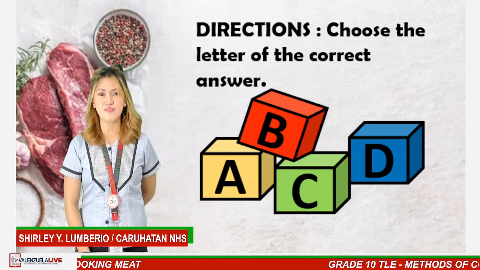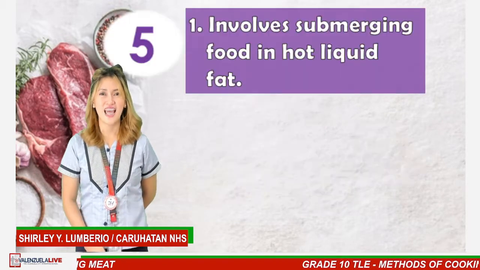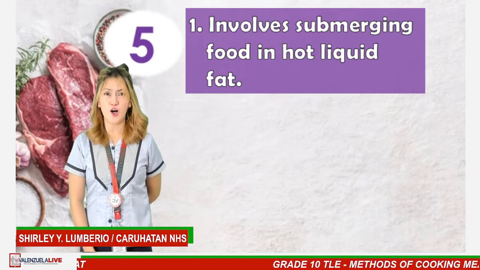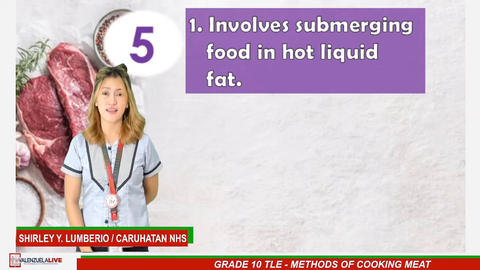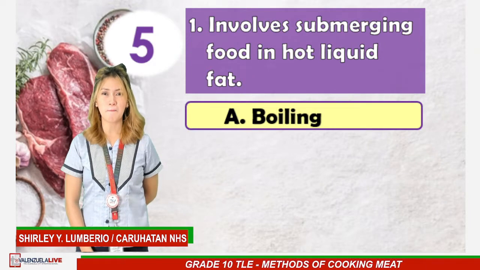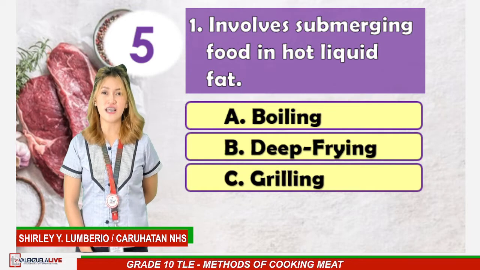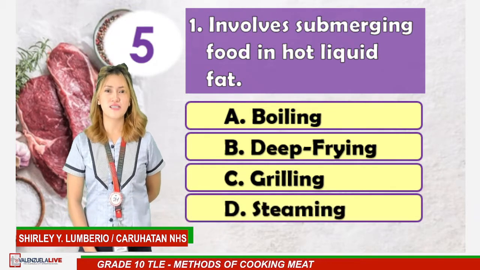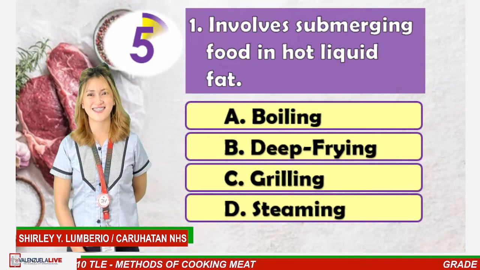You have 5 seconds to key in your answer at the comment box. Number 1. It involves submerging a food in hot liquid fat. Is it A, boiling, B, deep frying, C, grilling, or D, steaming? Key in your answer for 5 seconds.